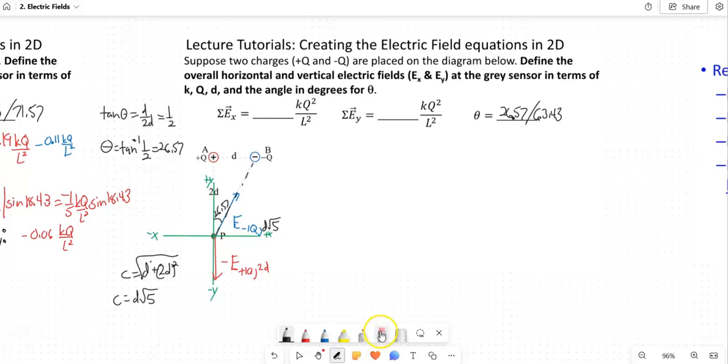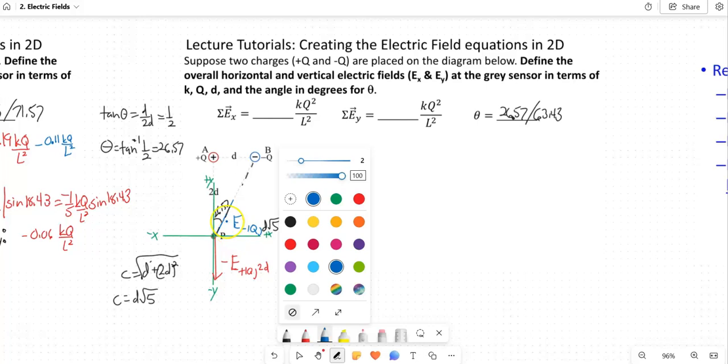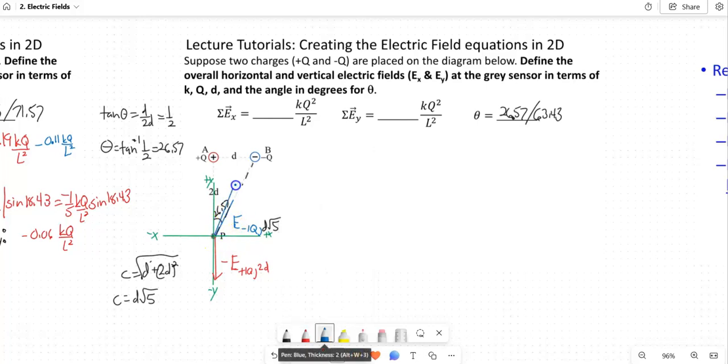And while I'm here, I'm going to make this guy a little bit longer. All right, which means this angle, upwards, that vector upwards, and this vector to the right. I'm going to get rid of this positive y. And this is at 26.57 as our angle.